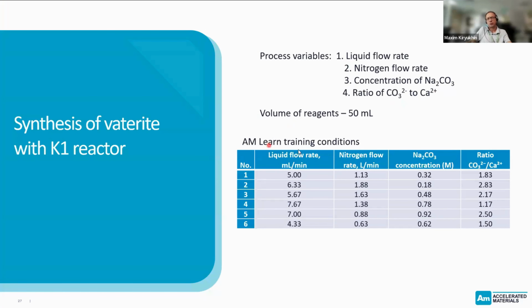AMLON generated the following conditions for the 6 experiments for us to run. We performed this synthesis using a small batch size with a volume of about 50 milliliters per sample.